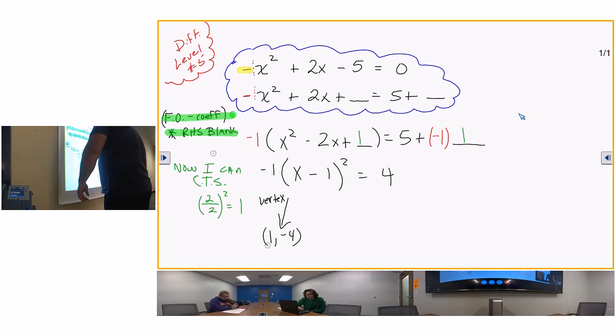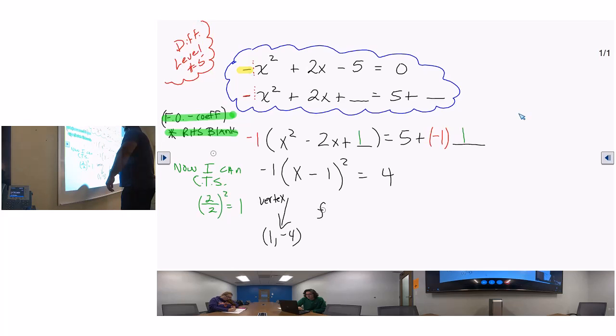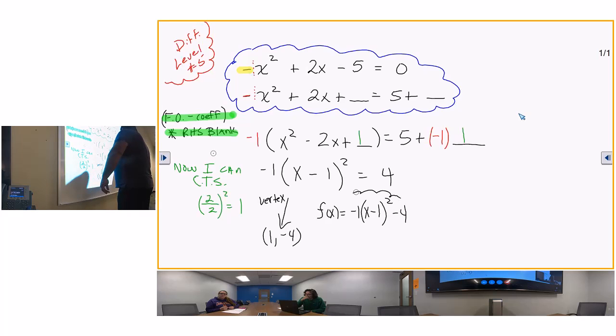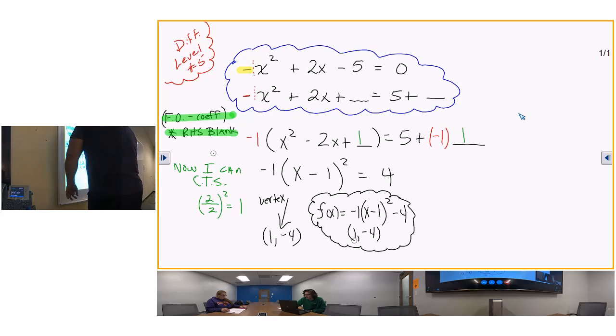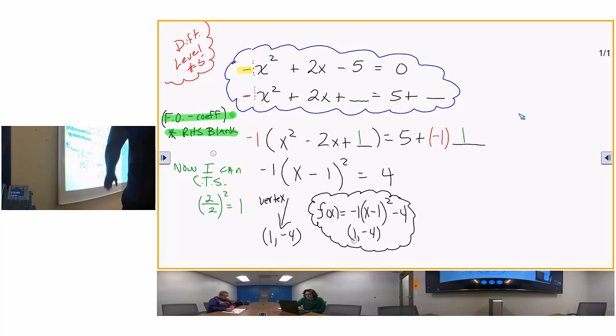I'll go ahead and write f of x is equal to -1 times (x minus 1) squared minus 4. That's the vertex method, and the vertex method is what they like. And of course, what's the opposite of -1? 1, and -4 comes down, so the vertex is the same no matter which way you do it. You just have to do it a different way.